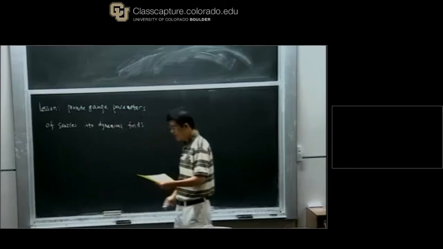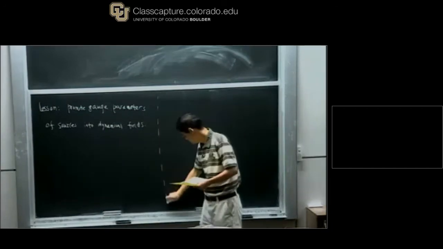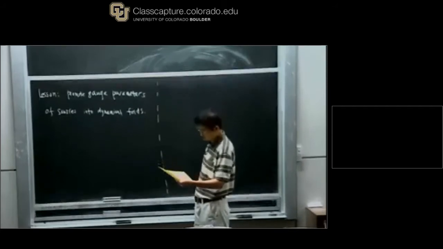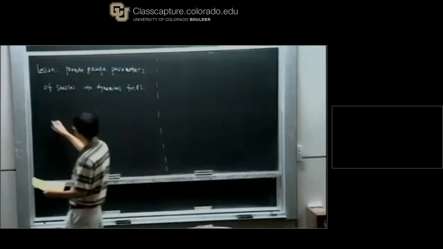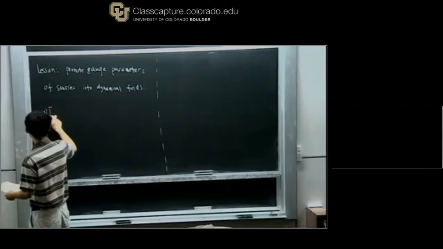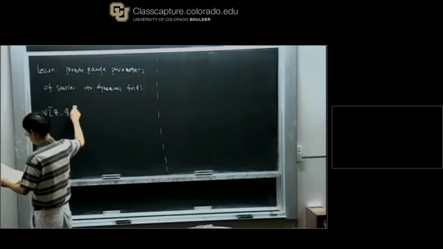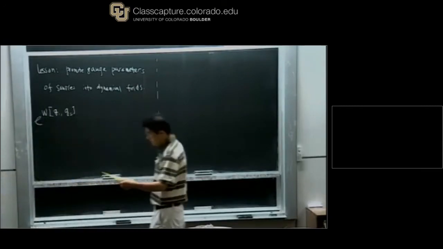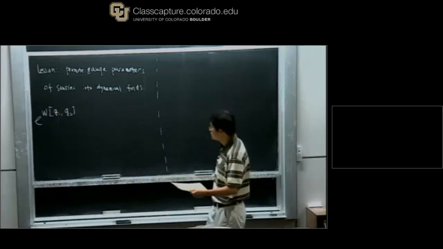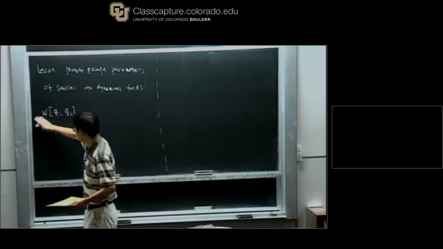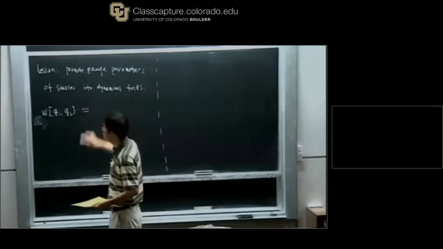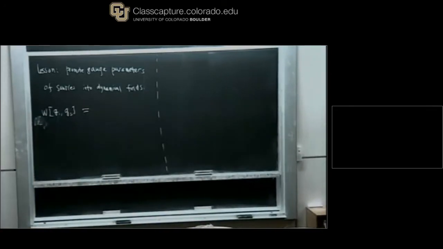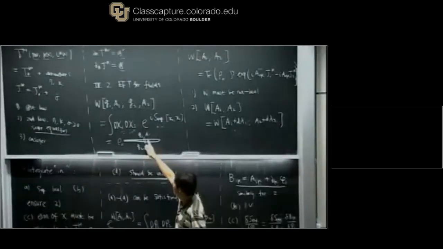Okay, so now let's do the stress tensor. So let me just do it separately. Now the stress tensor, again, the analogous equation to this one is individual diffeomorphism, because the two stress tensors associated with two legs are individually conserved.